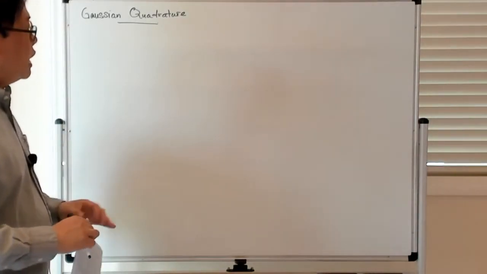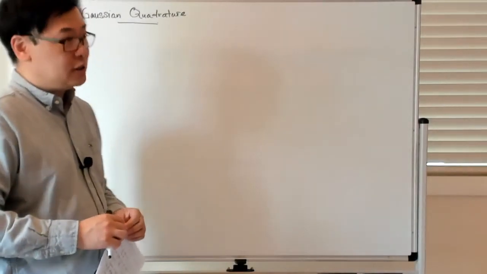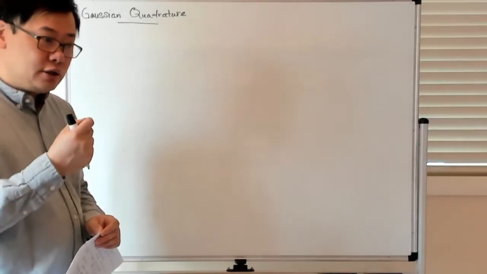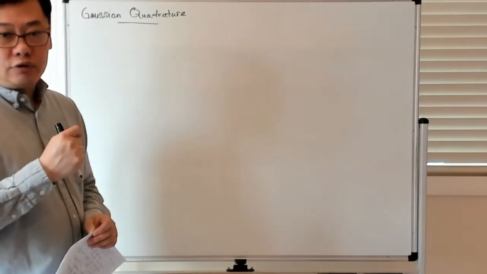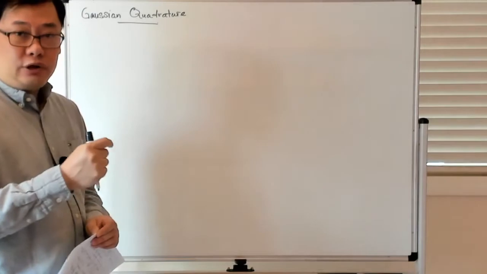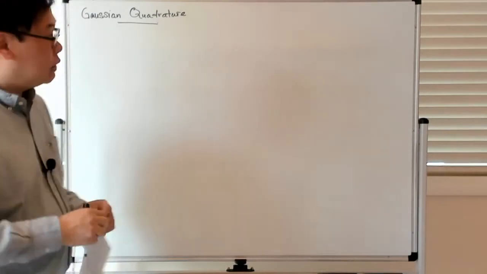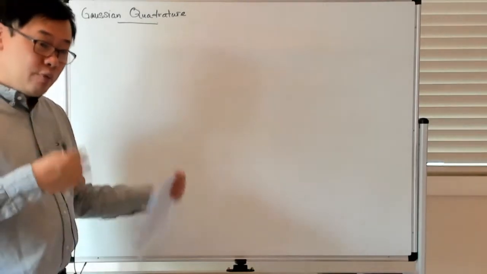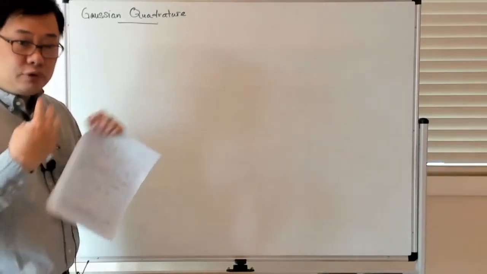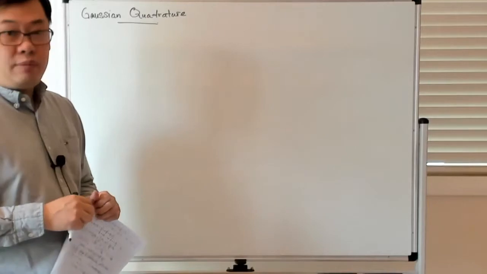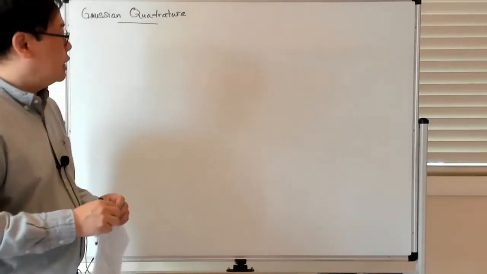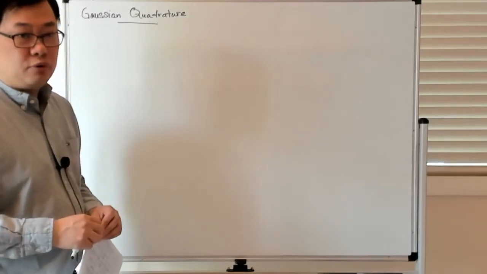But let's ask the following question: if I allow you to choose not just the weights of the quadrature rule, but also where I evaluate the function, can I do better? Because in principle, if I allow you to choose both the weights and the quadrature points, I've doubled the number of free parameters in my algorithm, and maybe that allows me to get a quadrature rule which is more accurate.